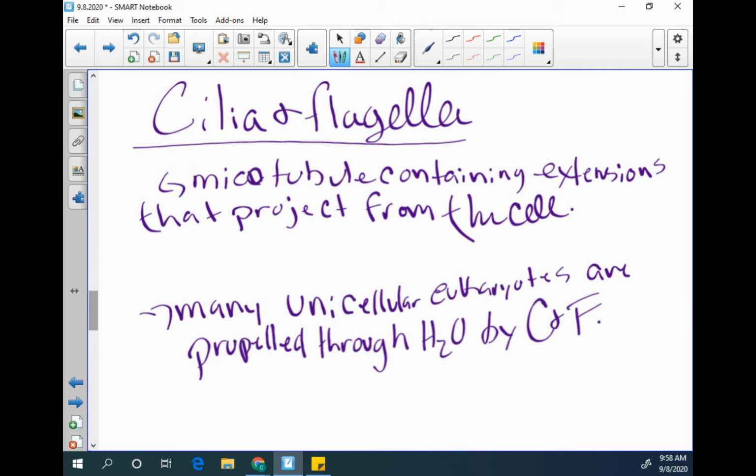Essentially, if a unicellular eukaryote wants to move through water one way or another, they will have these cilia and flagella attachments that allow them to do that.